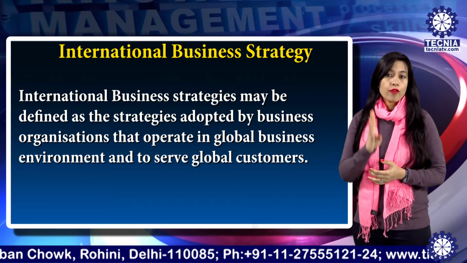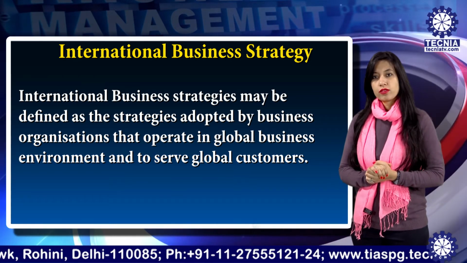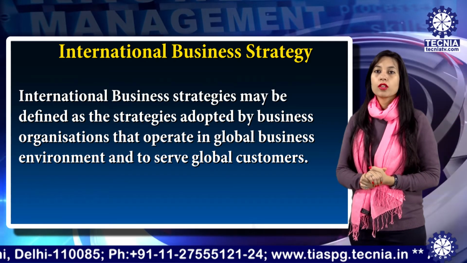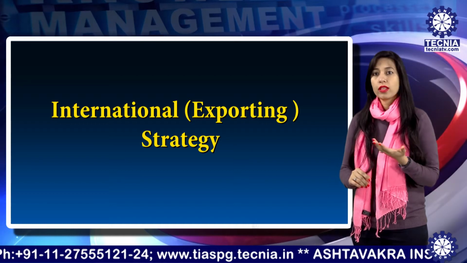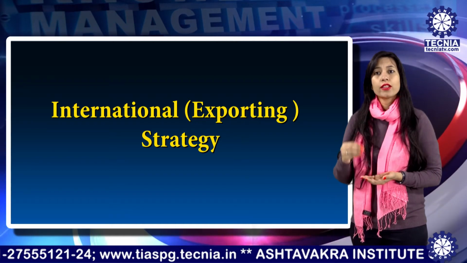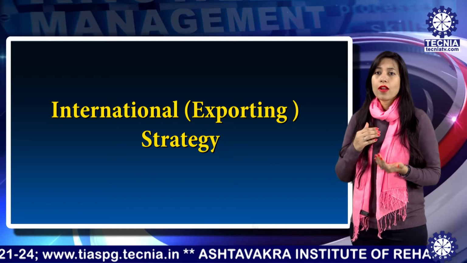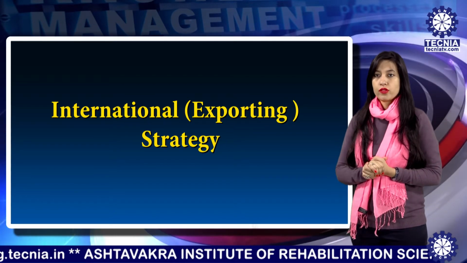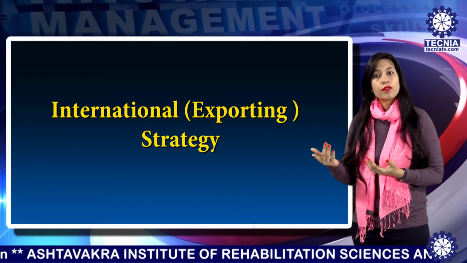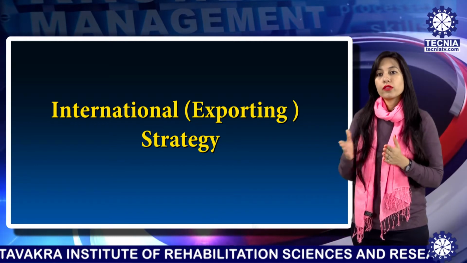Well, there are four major categories of international strategies. Starting from the first one, the international strategy, or we often call it the exporting strategy. With this kind of approach, all business functions happen at one place only, typically at the home country. Foreign markets are served by exporting from the home country.